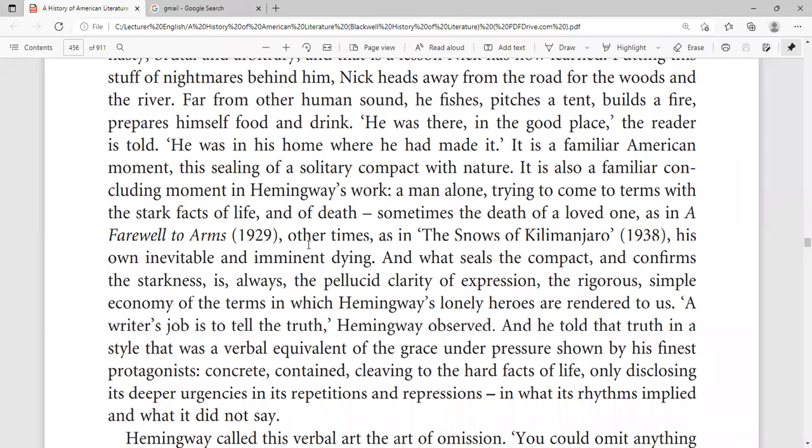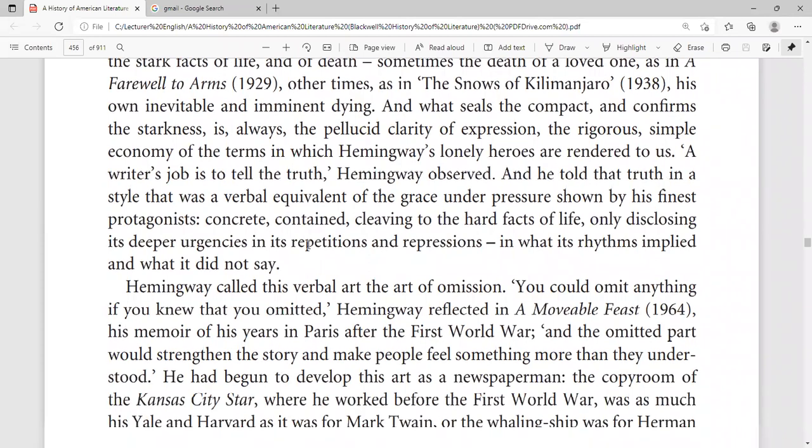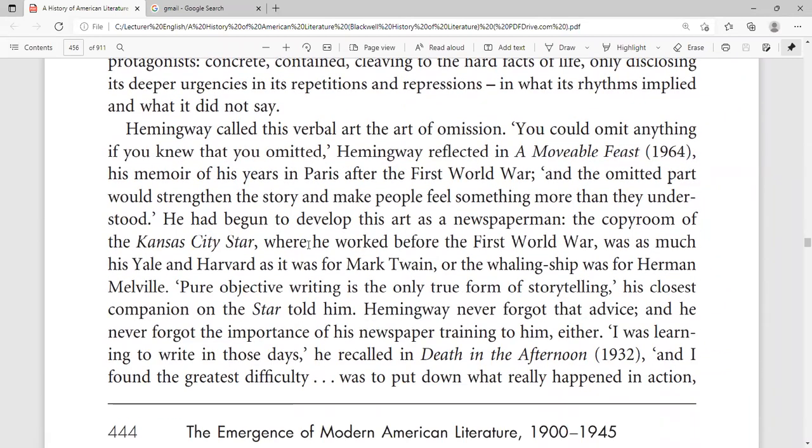Often thought Hemingway's best novel is A Farewell to Arms. Hemingway's art is called the art of precision.